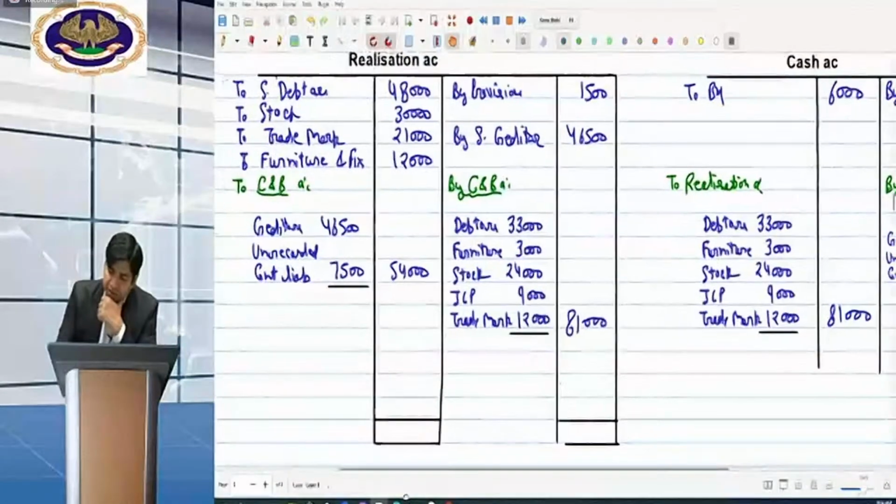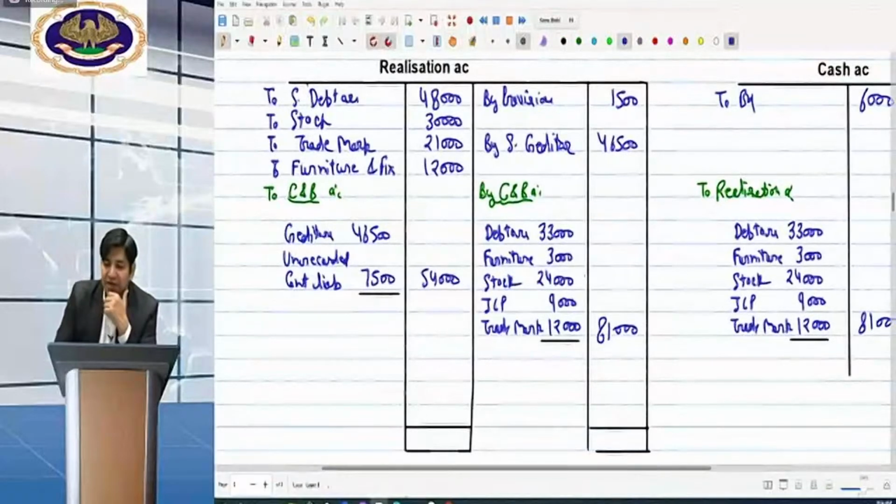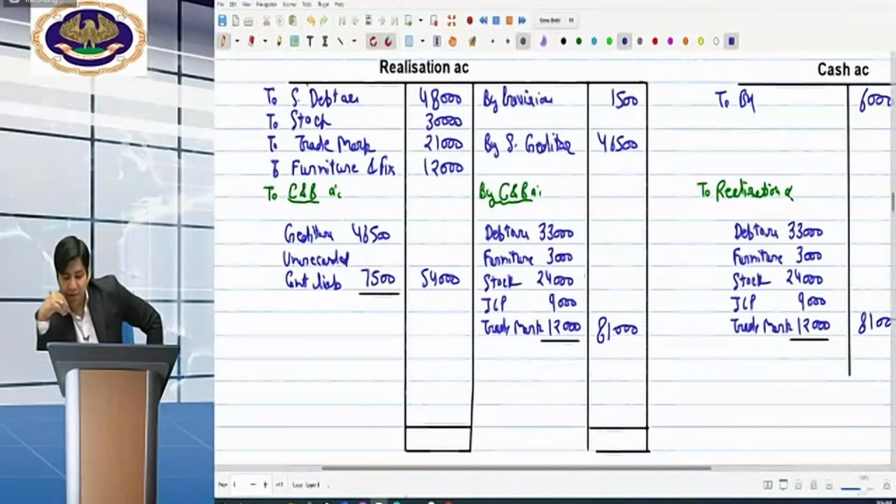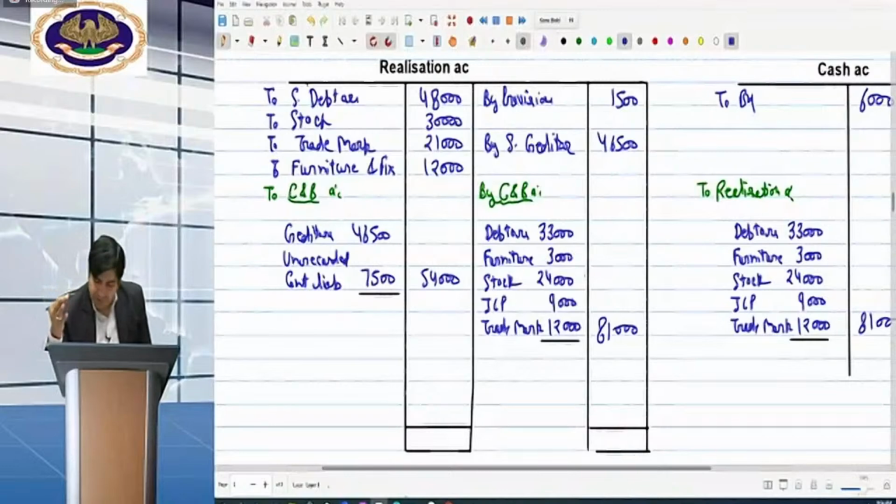How much is the profit or loss on realization? Can anyone tell? Who will be first to tell the profit or loss on realization?